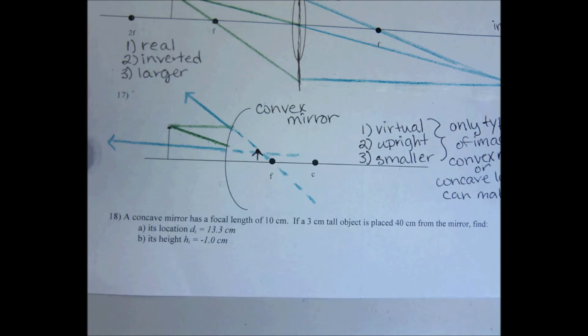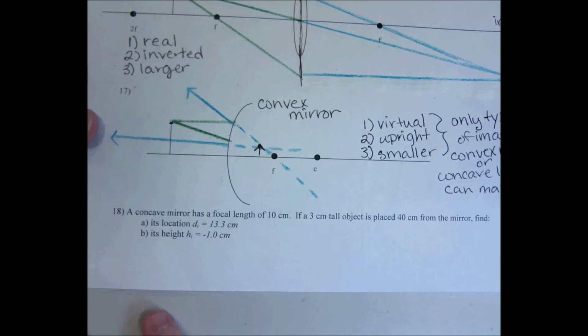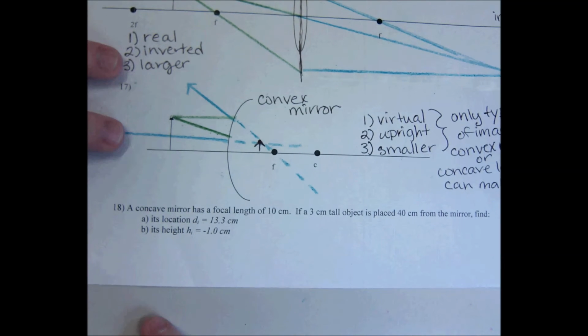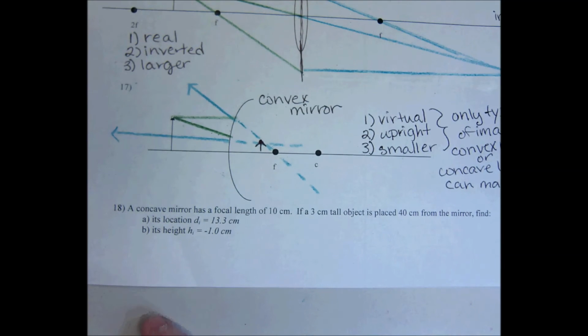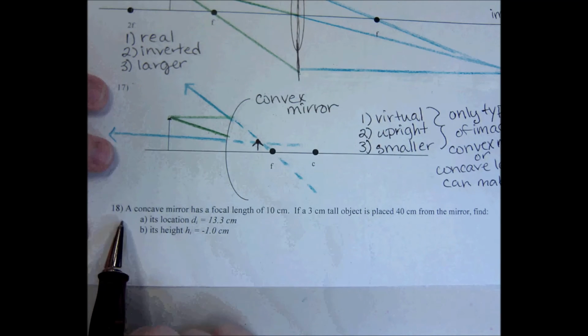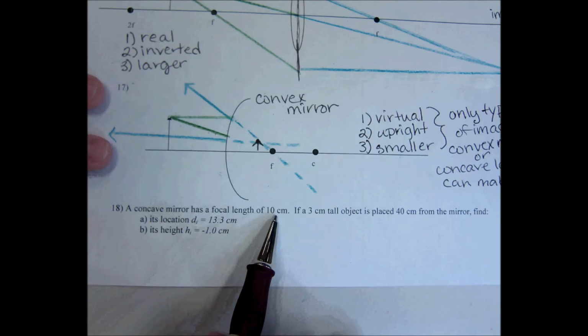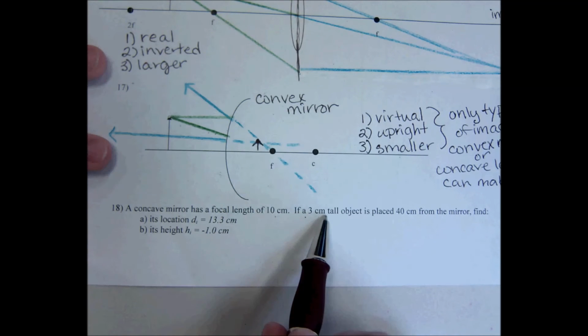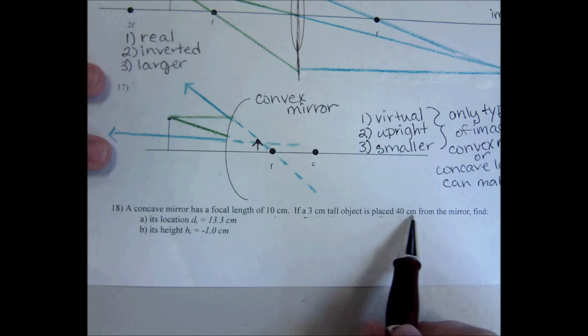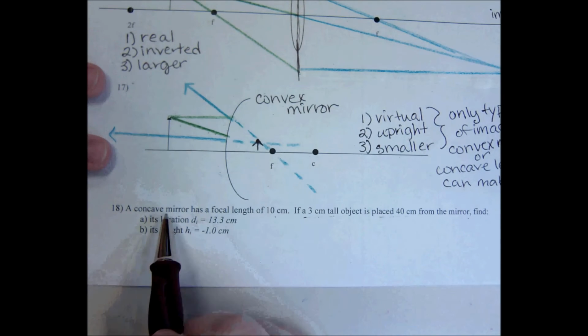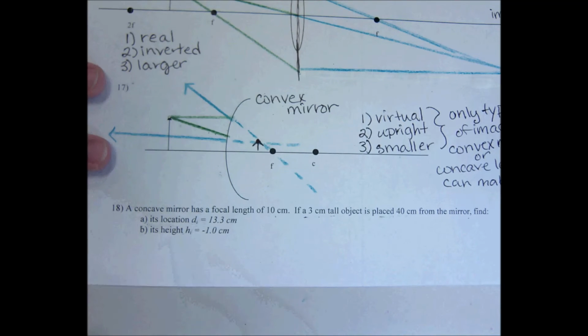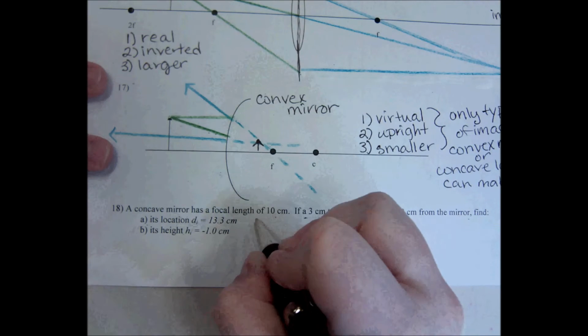All right. Well, we have a grand total of one math problem, optics, down here. So let's see what they've given us. A concave mirror has a focal length of 10 centimeters. If a 3 centimeter tall object is placed 40 centimeters from the mirror, find the location of the image and the height of the image. So here's what they've given us.